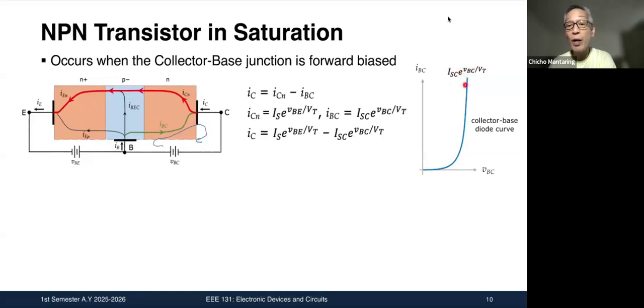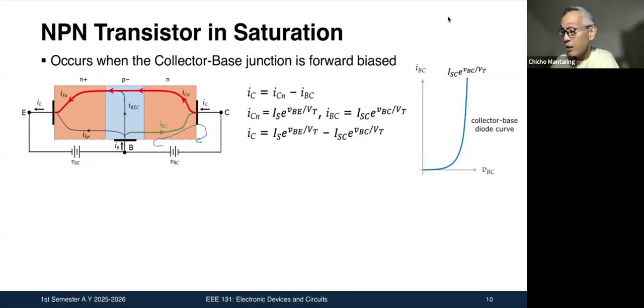So this equation will work in this region, but this equation will not work in this region. Here in this region, we need to add the minus 1, because now this term will no longer be much greater than 1. Again, remember, this equation will only work here, but that will not work here. We need to include the minus 1.